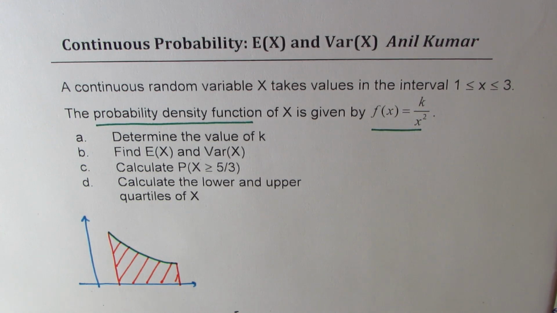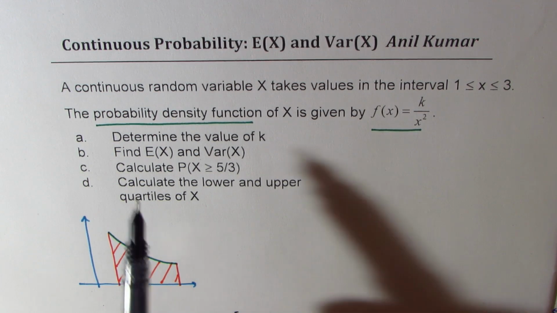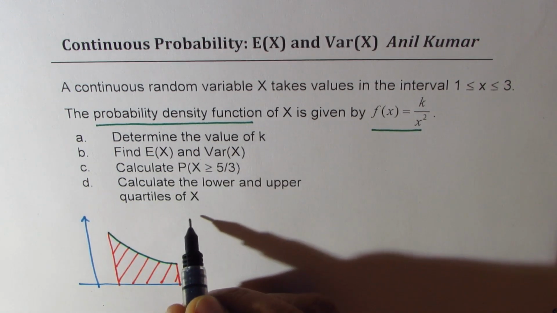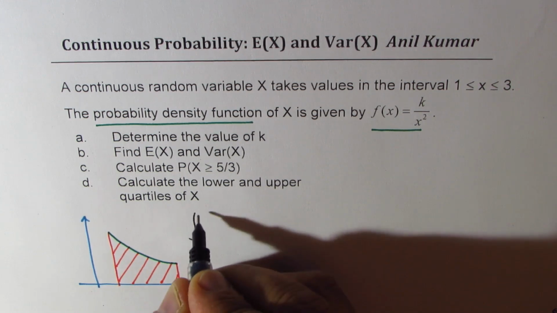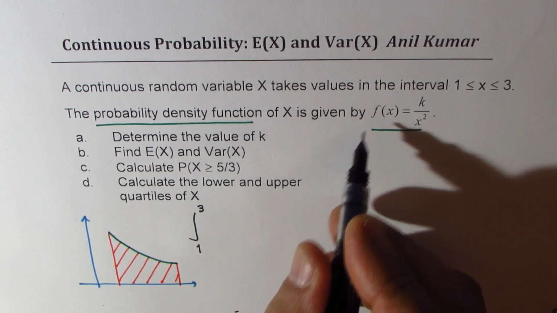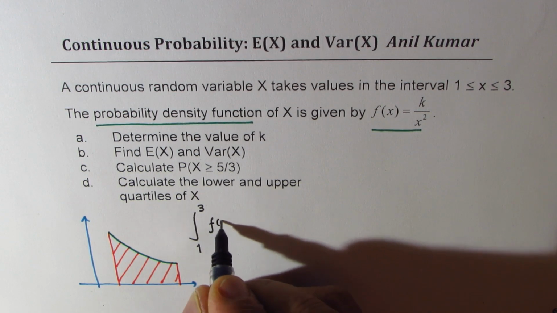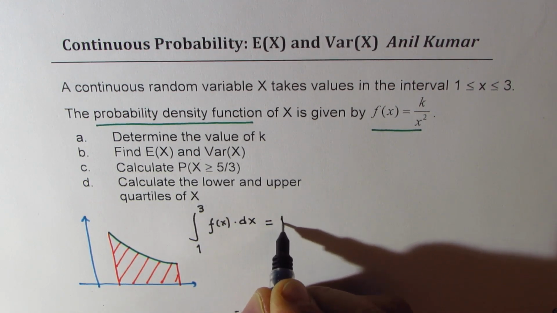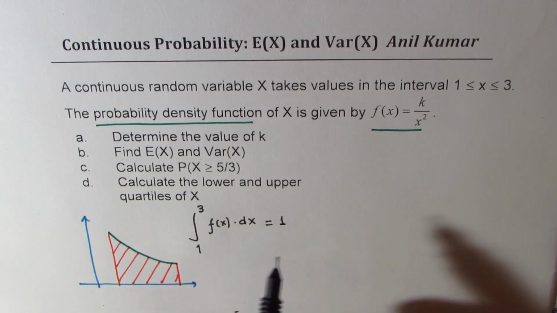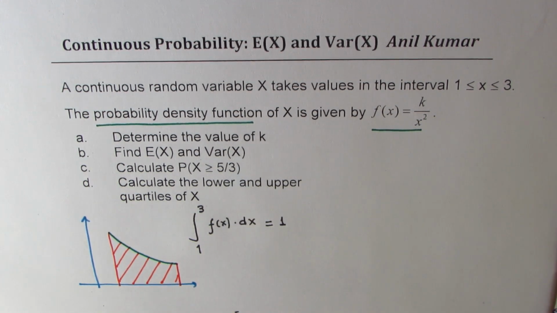Area for a continuous function can be calculated using definite integrals. So for part A, we are going to find the definite integral between the intervals 1 and 3 for the given function f of x, and we'll equate it to 1. From here, we can find the value of k.